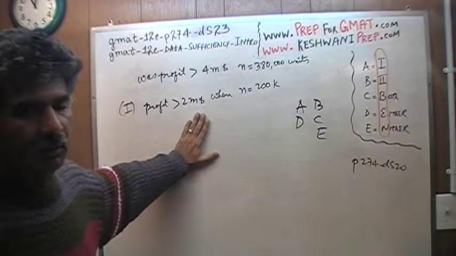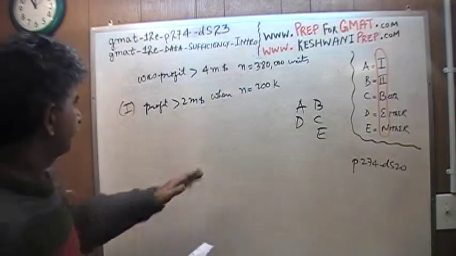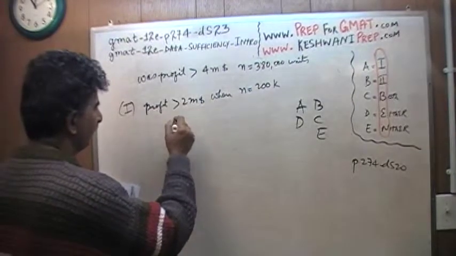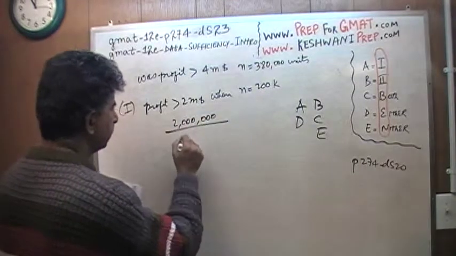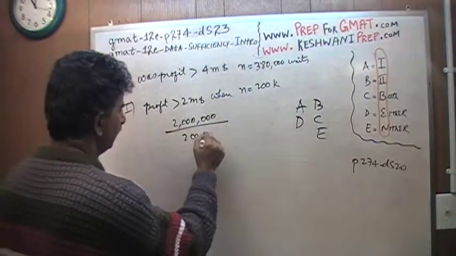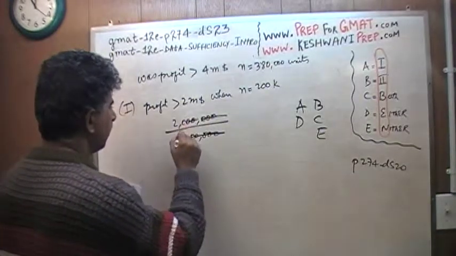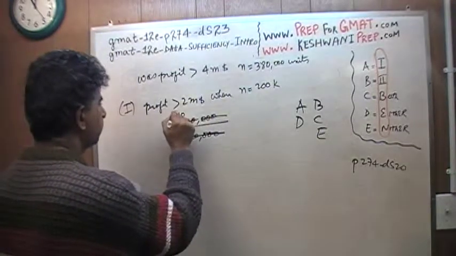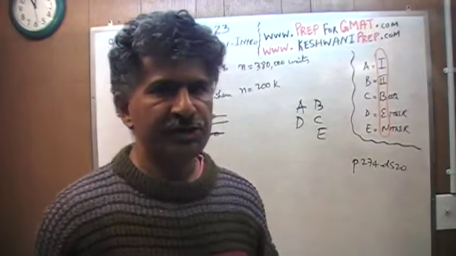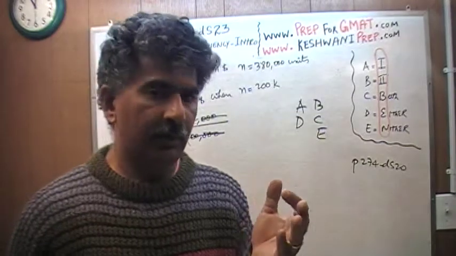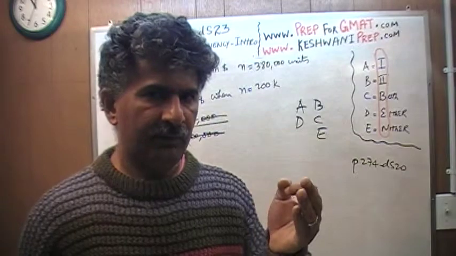We know what the average profit per unit is: they made a profit of over 2 million on 200,000 units. So we know that they're making on average a profit of over $10,000 per unit.